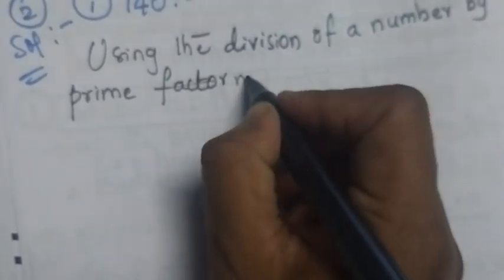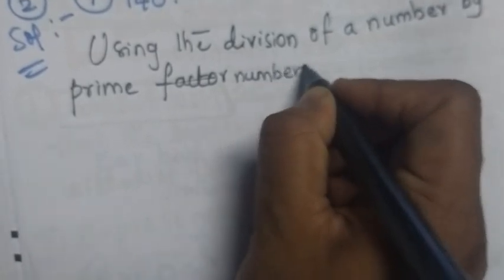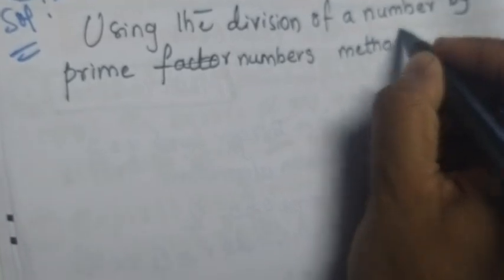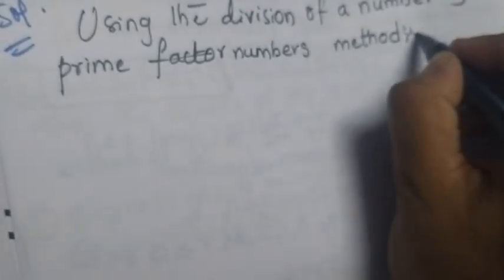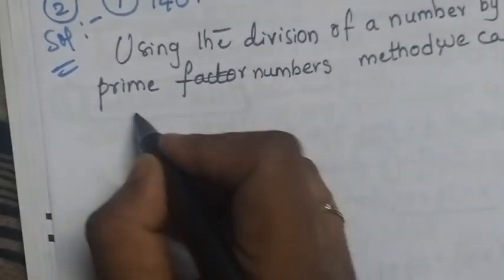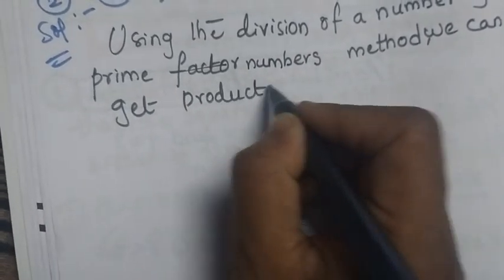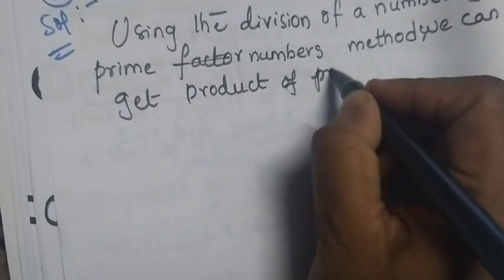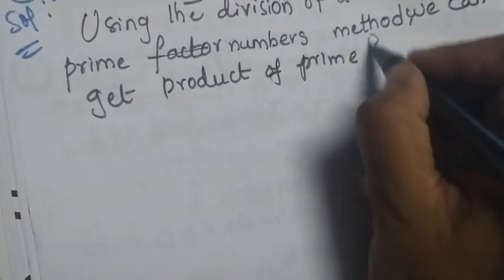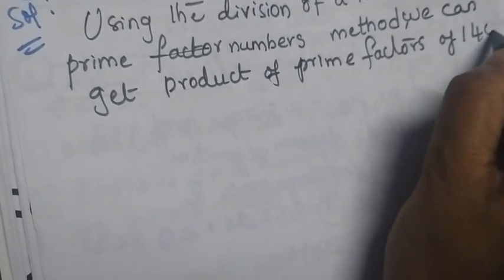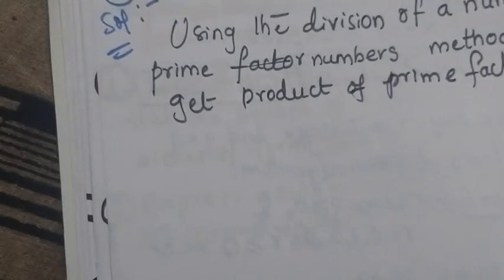Using the prime numbers method, we can get the product of prime factors of 140.